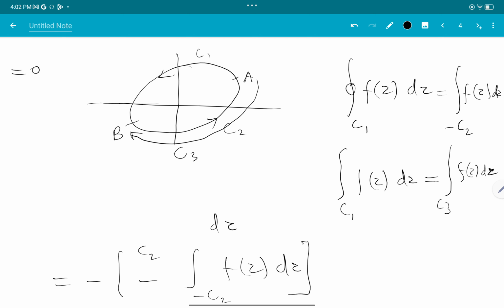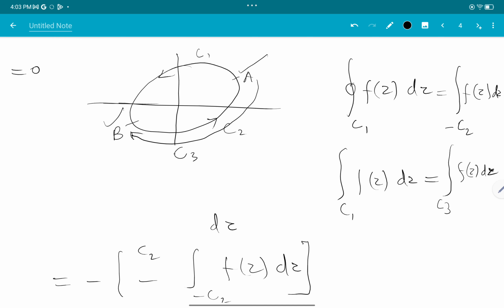Both paths C1 and C3 have the same starting point, which is A. They have the same end point, which is B. They both go from A to B. Neither of their integrals is closed, each one is open, and their integrals along these two different paths, along C1 and along C3, turn out to be equal.